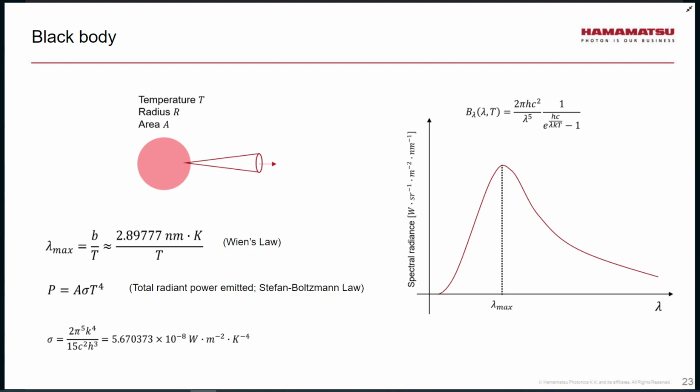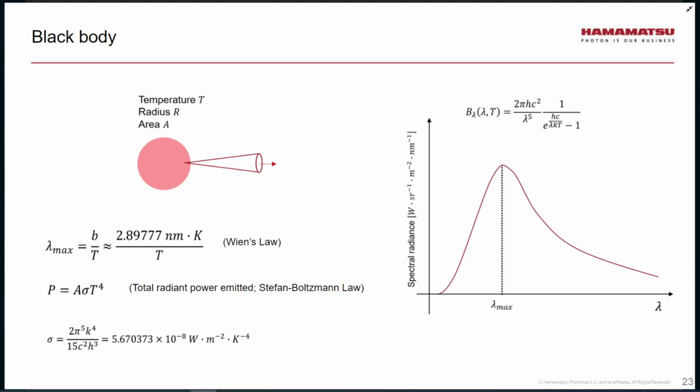One interesting feature of this distribution is that there is a wavelength lambda max at which the spectral radiance is maximum. One can show via Wien's law that this lambda max is only a function of temperature, and goes as the inverse of temperature.